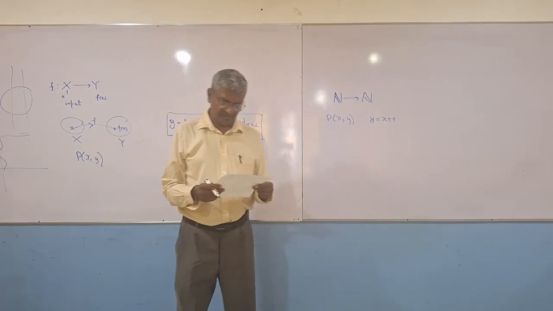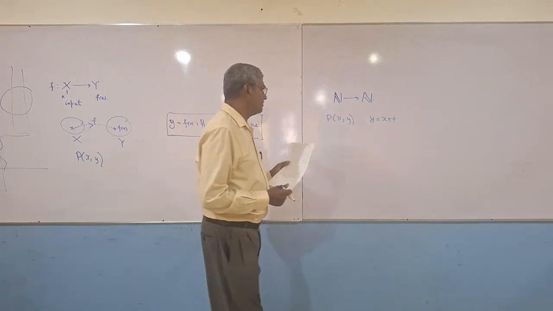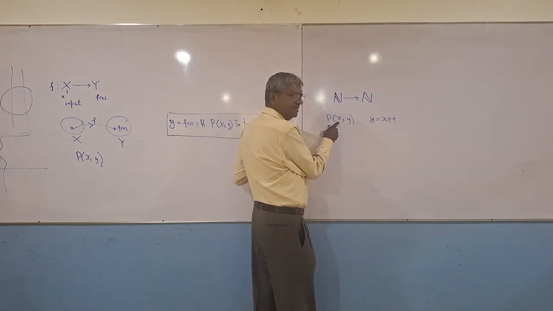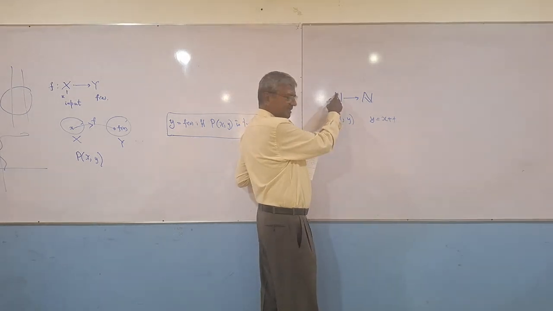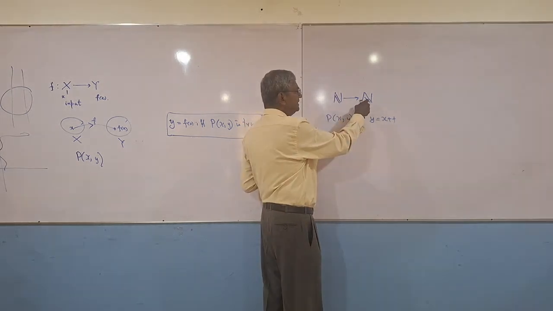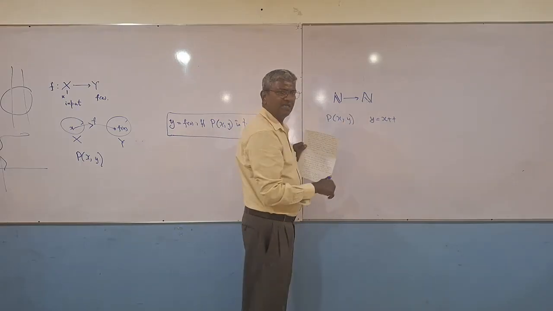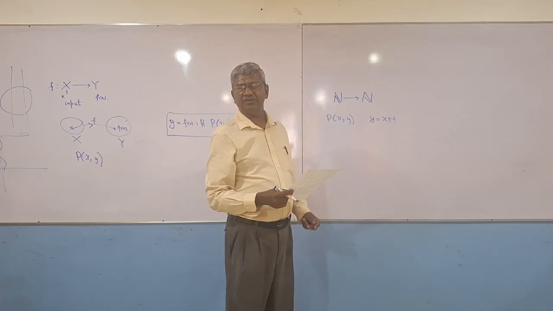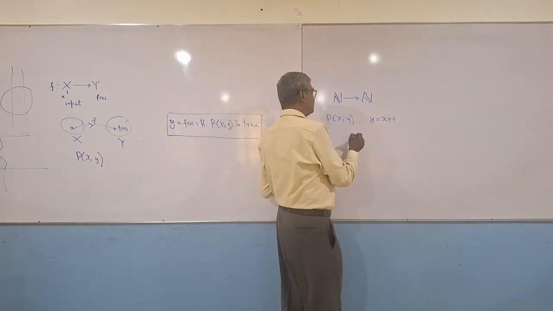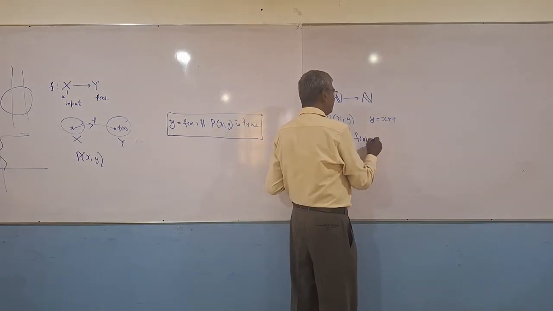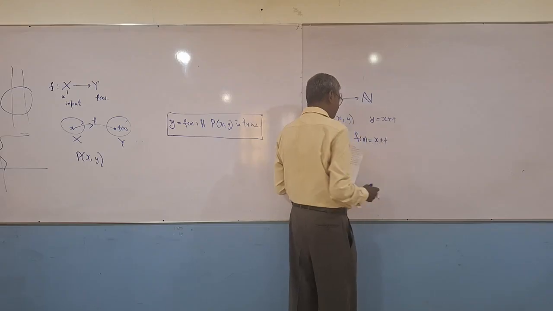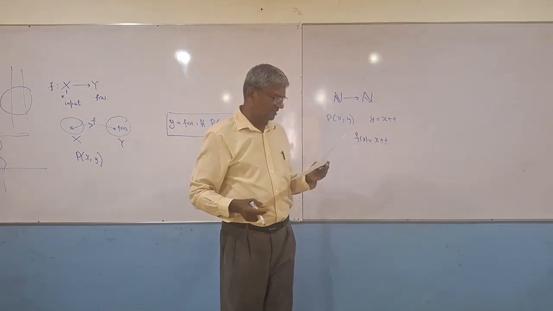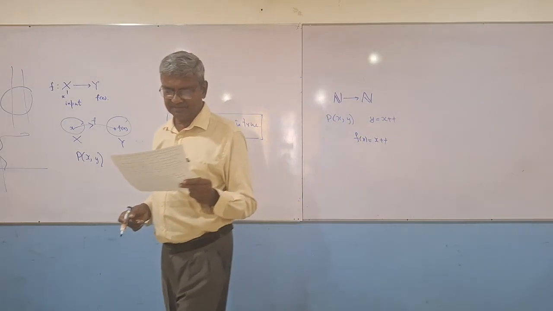According to this, for any x in N, there is exactly one y in N such that P(x,y) is true. In this case, y is x plus plus. So you can say f(x) equals x plus plus. Nothing is new in this paragraph.